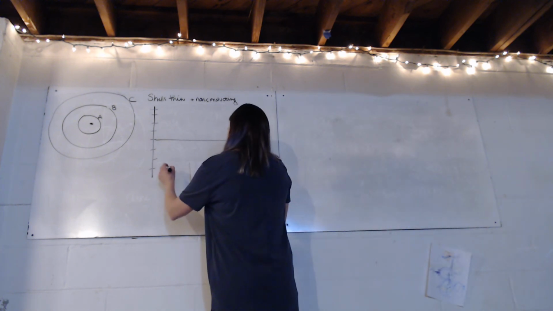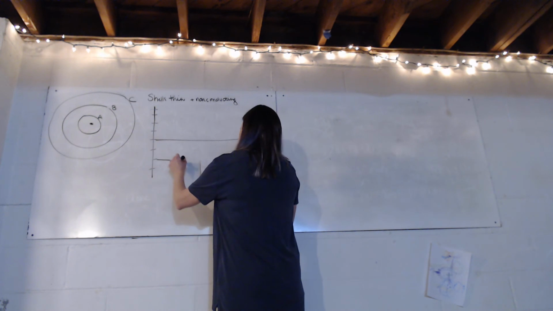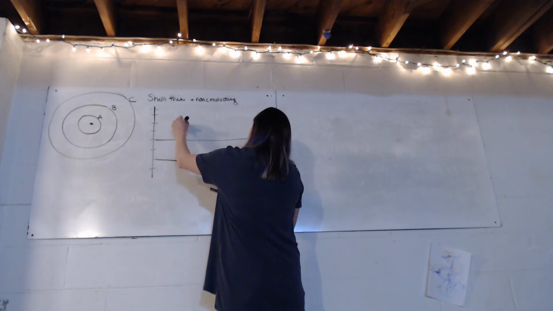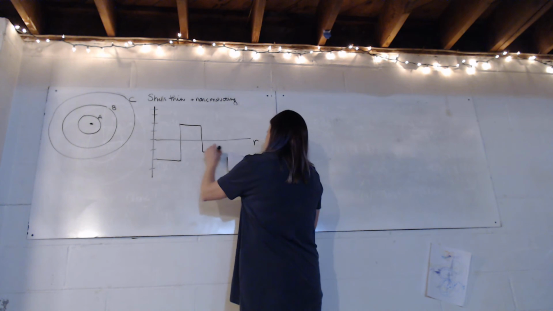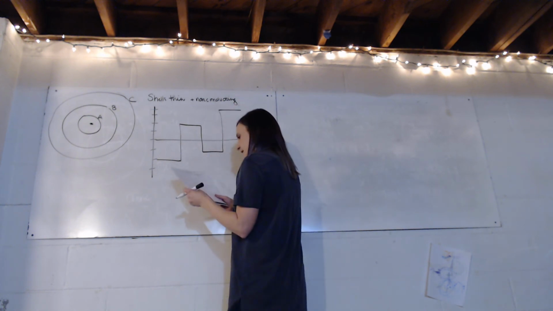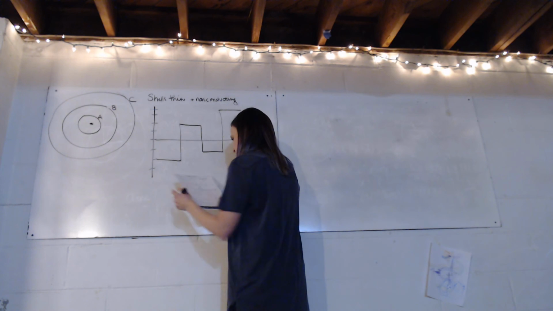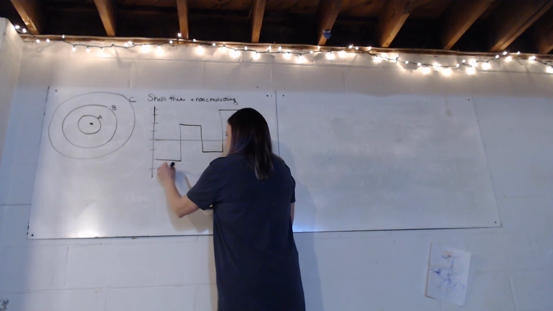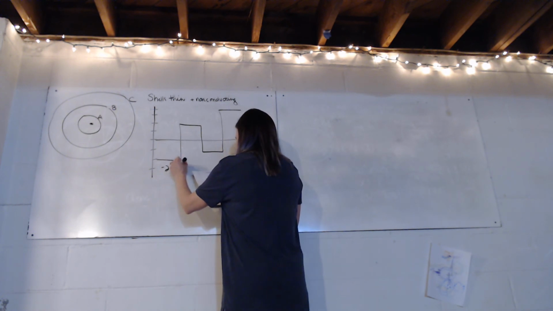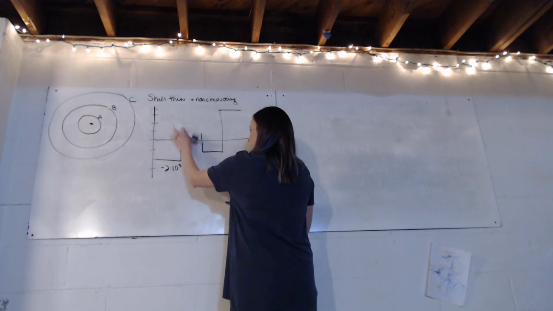It would look like this. And the values here would be -2 times 10 to the 5th. Sorry, I made this wrong.